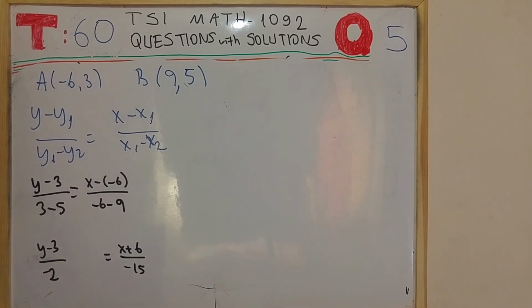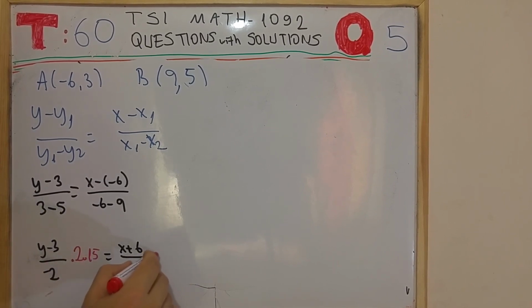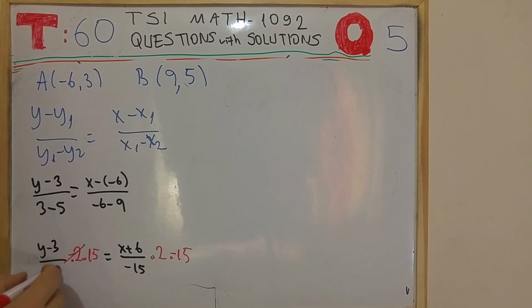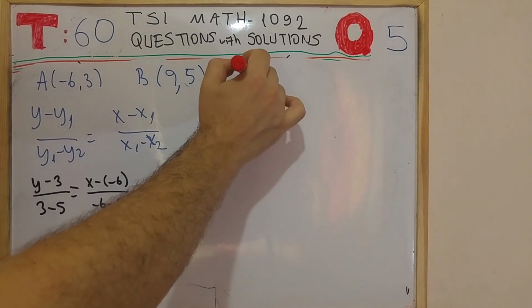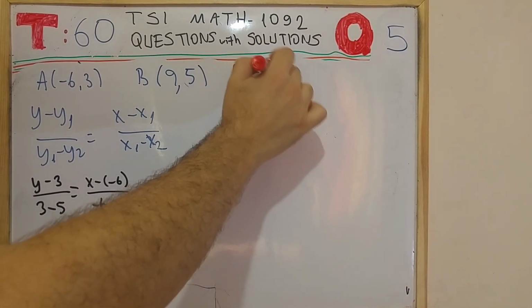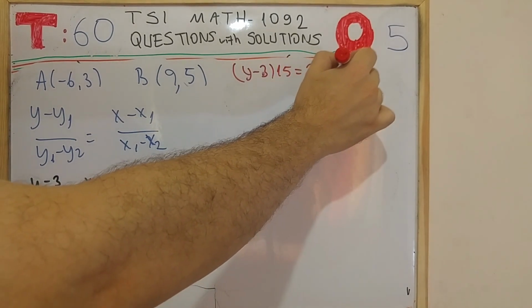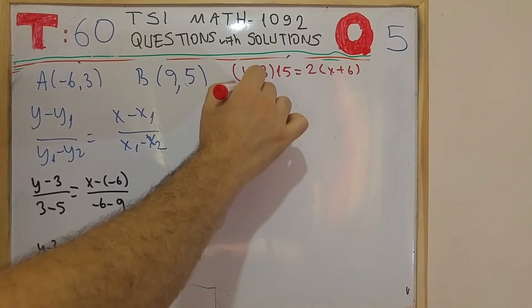Now let me multiply each side by 2 and 15, and since there's negativity in both of the sides, let me multiply one of these numbers with negative 2. So these are cancelling each other out, and these are cancelling each other out. So (y minus 3) times 15 is equal to 2 times (x plus 2).